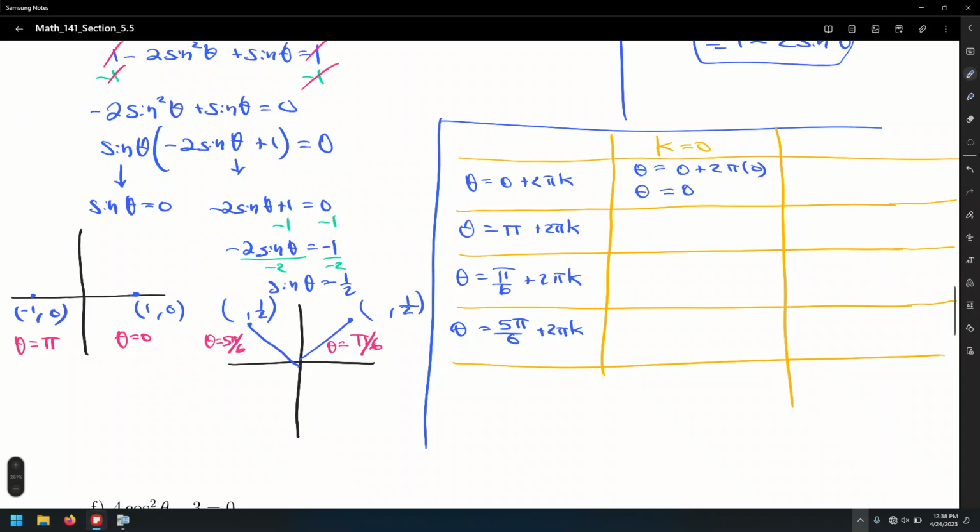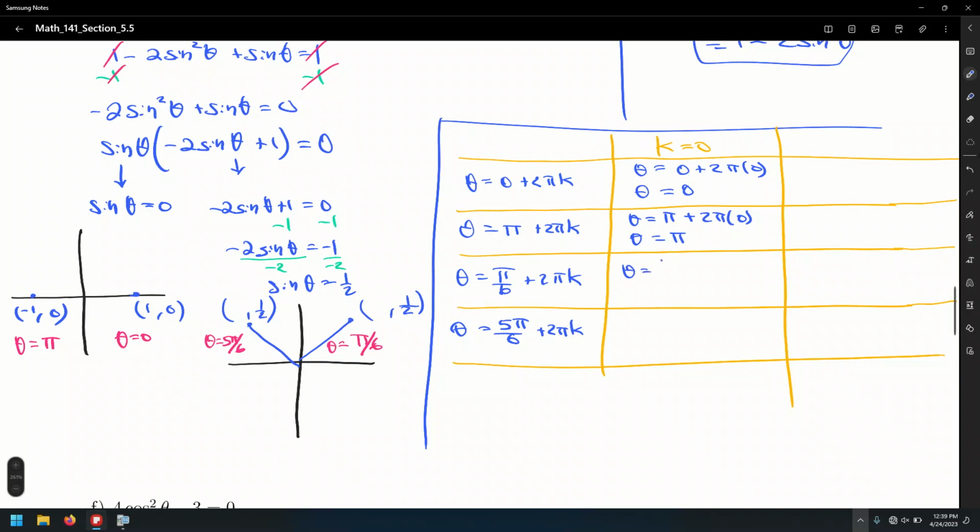What about the next angle? Theta equals pi plus 2 pi times 0. That's simply pi. Those two angles so far lie within the interval 0 to 2 pi.